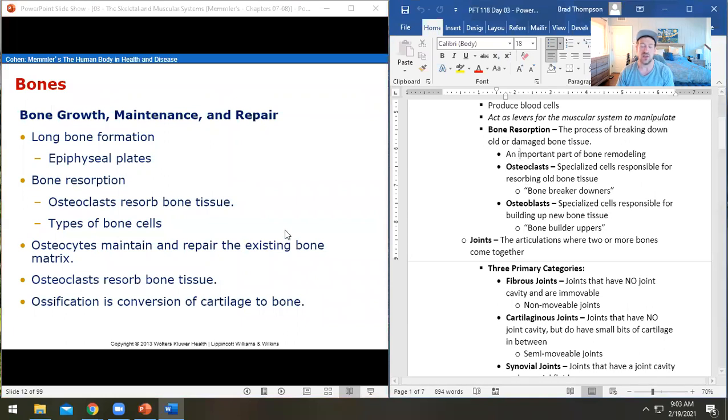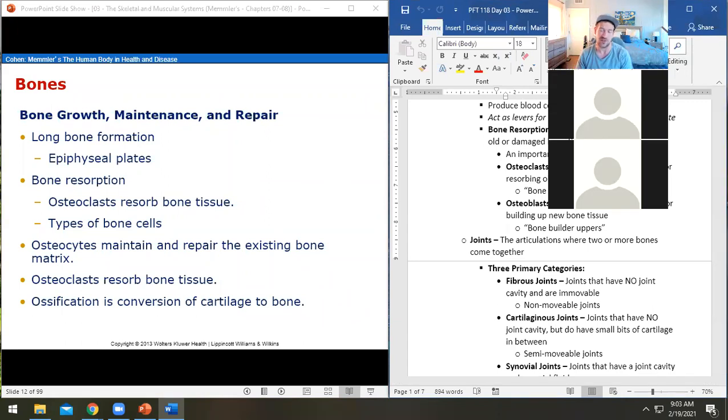Your body is constantly damaging your bones. In class, one of my favorite things to do is to go up and give somebody a really hard high five. And I go, now, I just fractured some of the bones in that person's hands, right? Just really tiny little micro fractures. It's not going to hurt too bad.